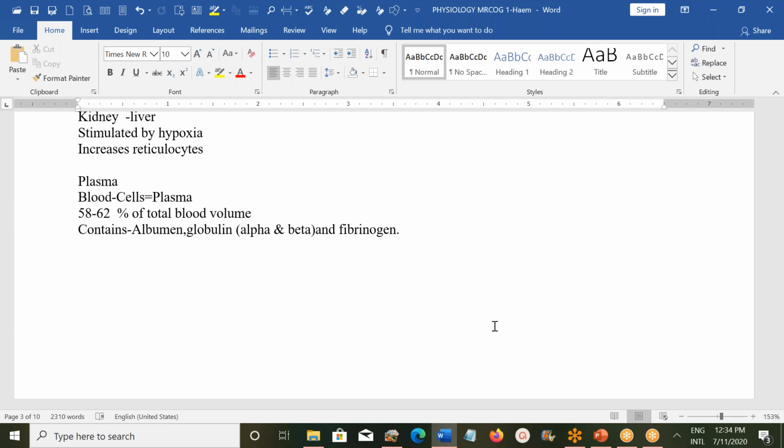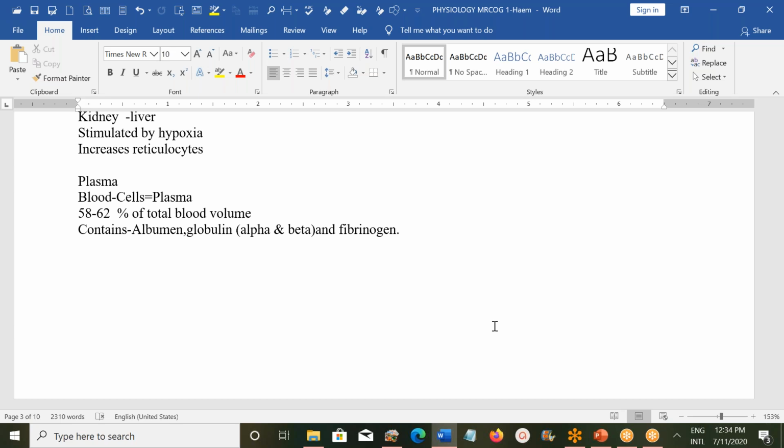Each transferrin molecule will bind to 2 atoms of ferric iron. Transferrin is the blood iron carrier. Remember, transferrin is just the transport protein. The storage form is ferritin. Don't confuse them in the exam.